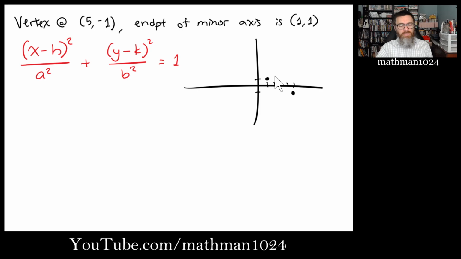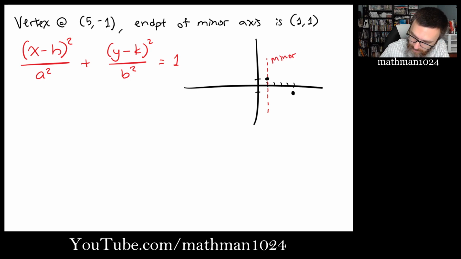So that means that the minor axis is that guy right there. So this is the minor. And the major axis has to be this one, right? Because just the orientation of these guys, you know that it can't be any other way.